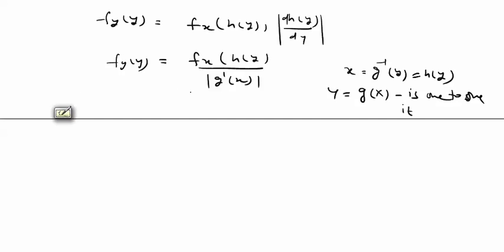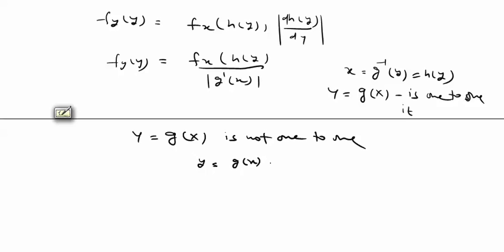If it is not 1-to-1 correspondence, then y equals g(x), and x_k are the roots of y.